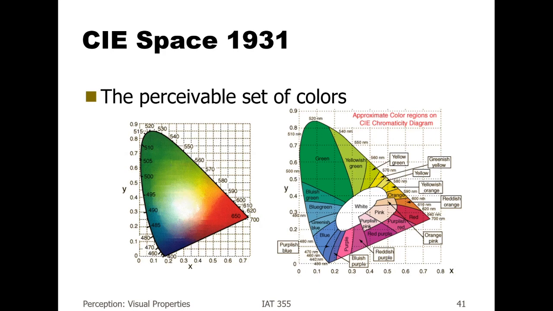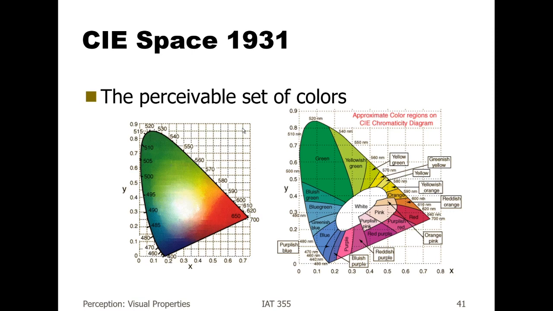This is derived from the CIE space, of which we're showing in this diagram a duplication, but with more or less smooth colors shown on the left and segments indicating color names that we would assign to those things on the right. The CIE 1931 RGB color space was created by the International Commission on Illumination in 1931.